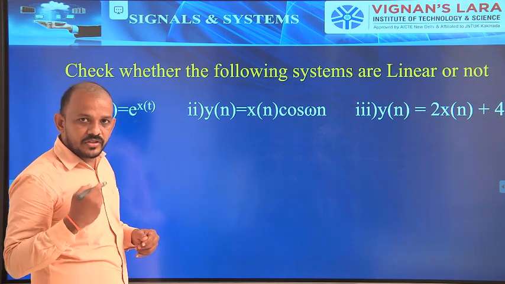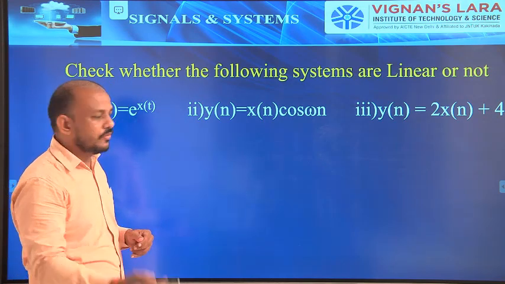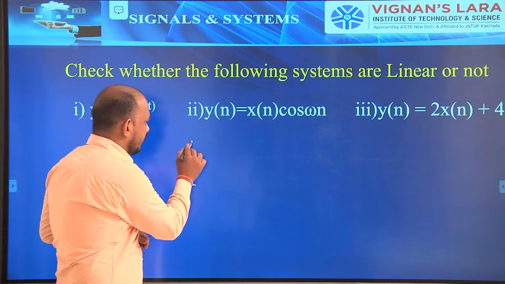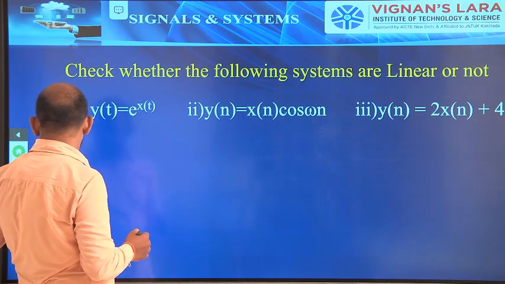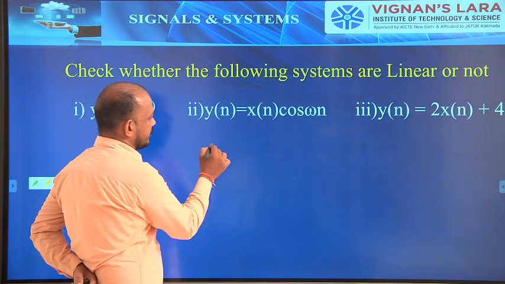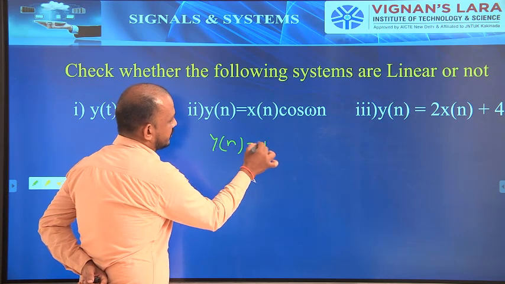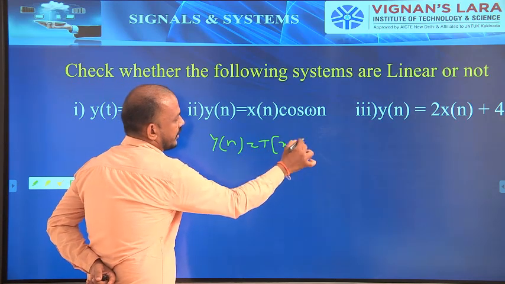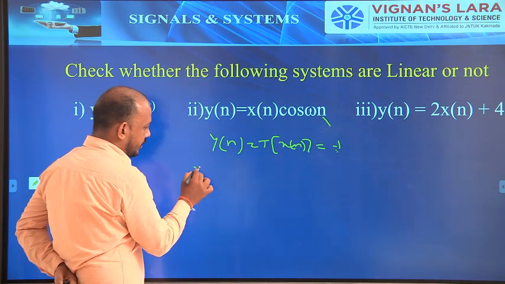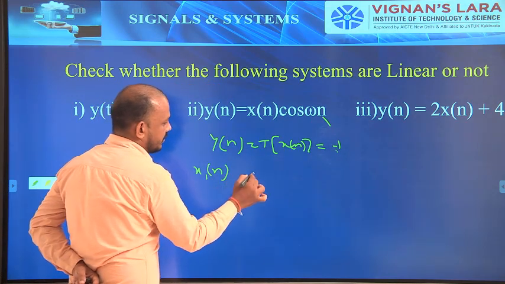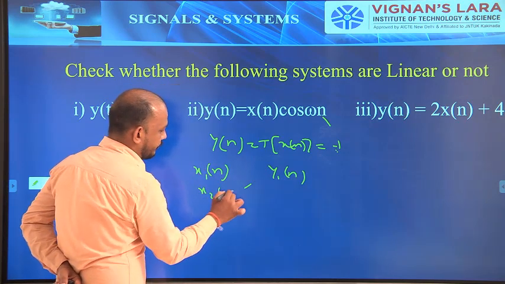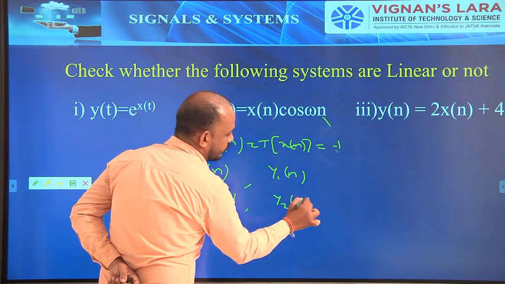Now for input x1 of n, what is the output? y1 of n. For the input x2 of n, what is the output? y2 of n.